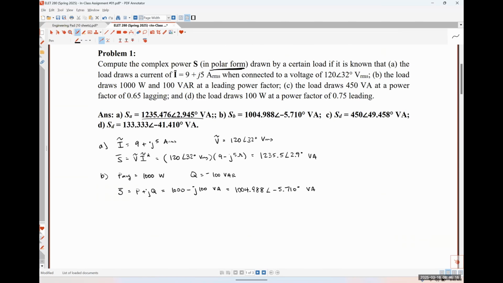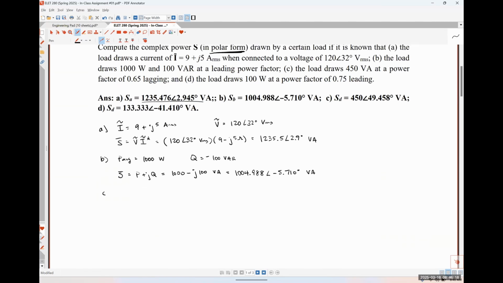So in part C, we are told that our load draws 450 volt amperes at a power factor of 0.65 lagging. So let me start by asking, what parts of the complex power does that 450 volt amperes represent?